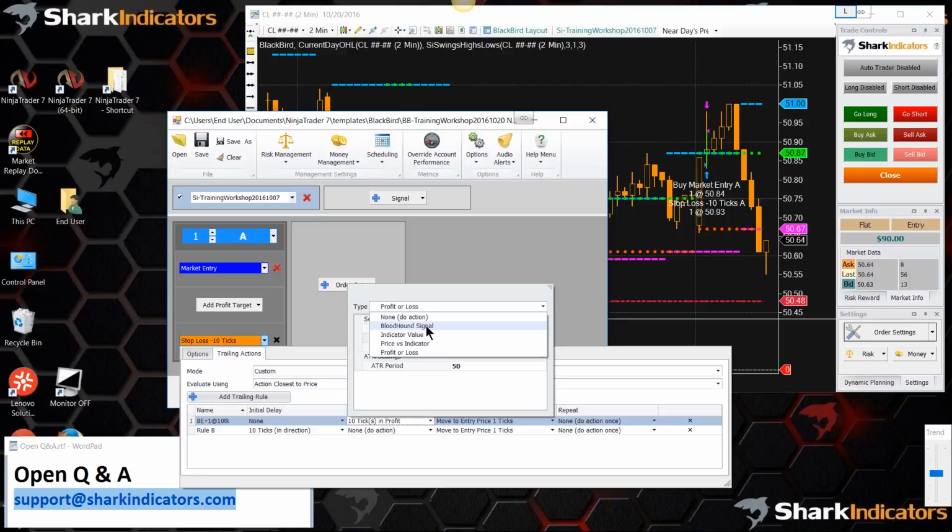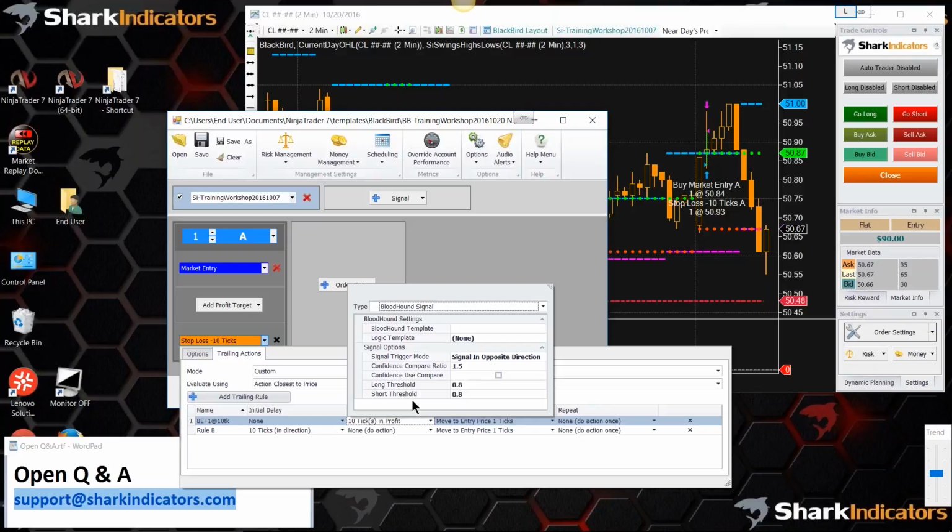You could set up some Bloodhound logic to look for very specific situations, with some price action or some indicators that you're using, to create a Bloodhound signal, which in this case, if we're using a Bloodhound signal inside of the trailing rules, then that's not a trade signal. That's just a signal to do something with your stop loss.